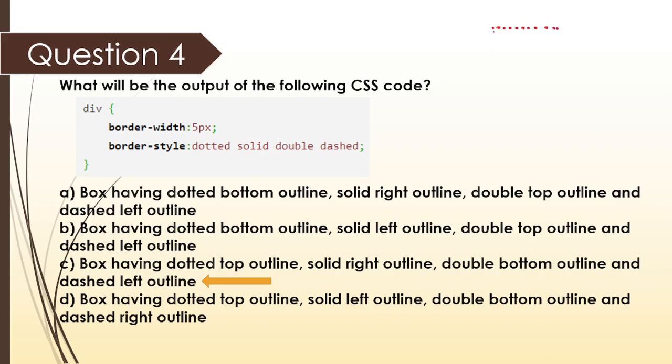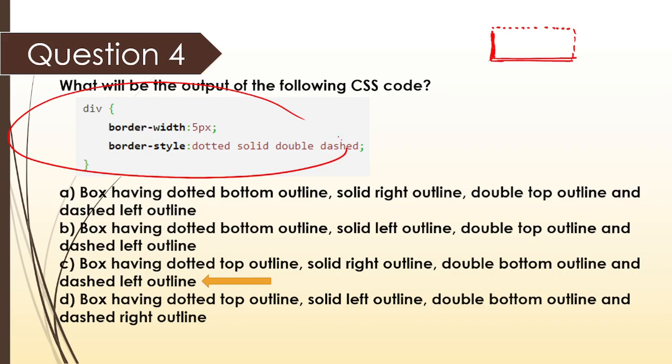The right side is solid, the right border of the box is solid, the bottom one is double like this, and the left is dashed like this. So this is the output of the given code.